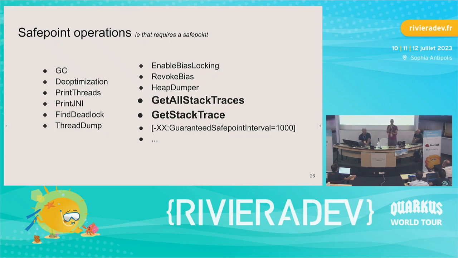But how can you collect stack traces? Very easily in the JDK. You can use these methods, through JVM TI, or directly from Java in some way. These require the system to be at a safepoint. That's why it's important to know that this safepoint concept exists.